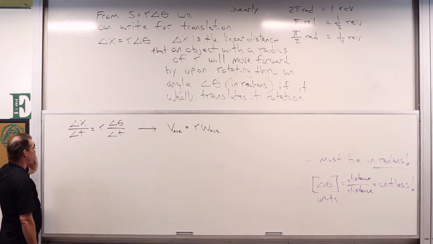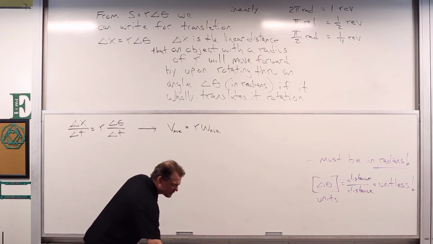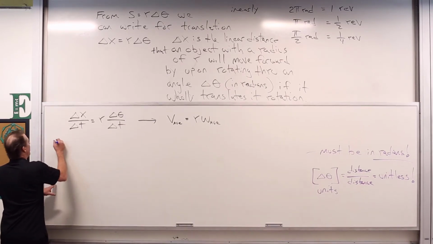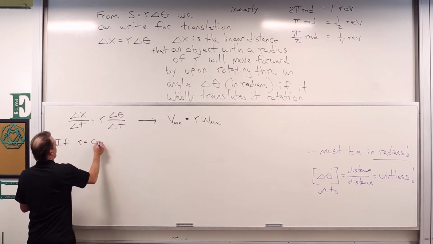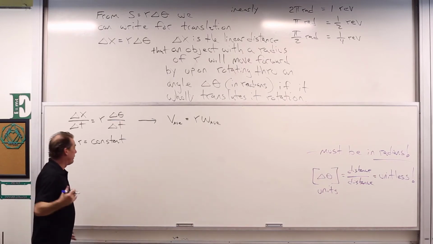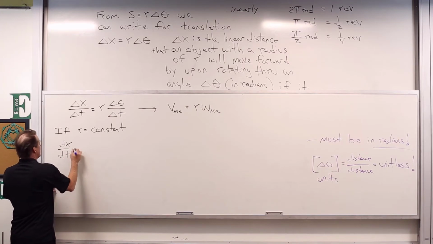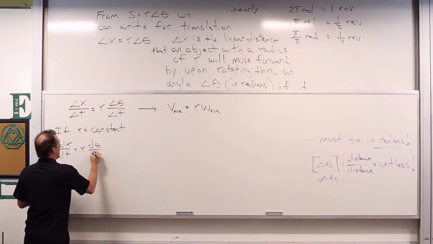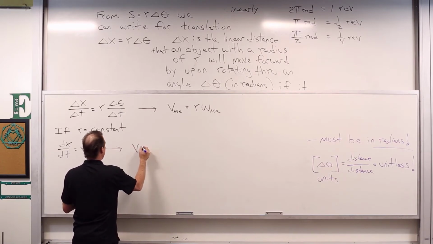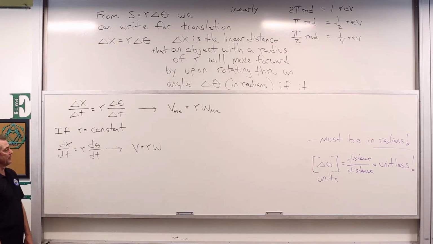Well, we can also think about this not in terms of deltas, but in terms of infinitesimal displacements and such, and start taking derivatives. If r is equal to a constant, that is, if the radius is not varying with respect to time, we can write that dx by dt is equal to r d theta by dt, which gives us the instantaneous velocity, v, being equal to r multiplied by the instantaneous angular velocity, omega.